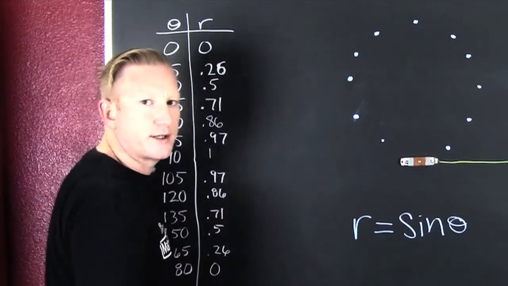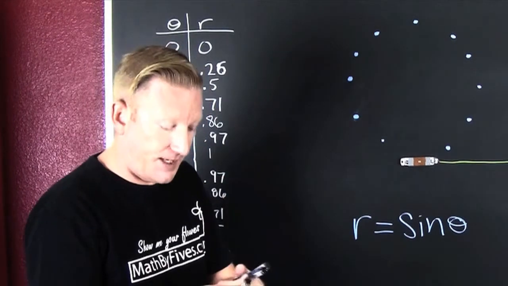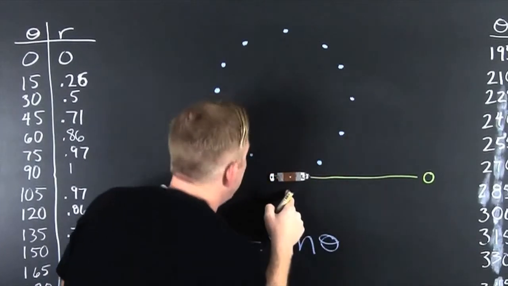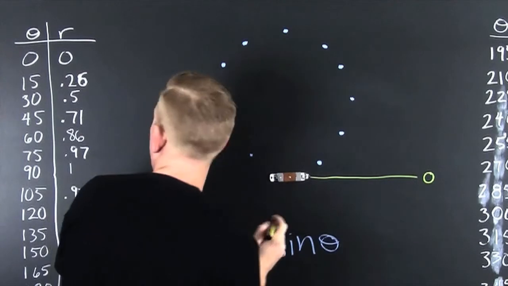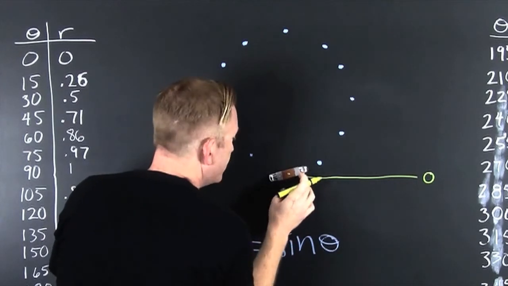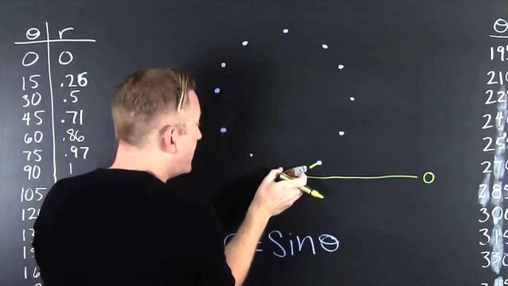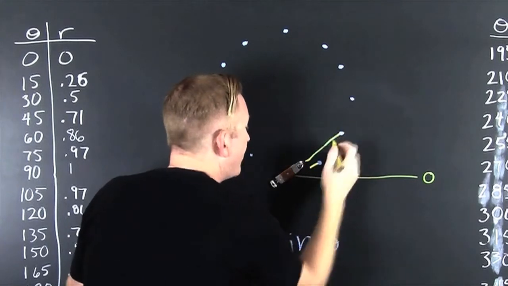These are crude approximations. So we're gonna graph these guys. 0 degrees, 0. And then 15 degrees, you go out that far. And then 30 degrees, you go out that far.